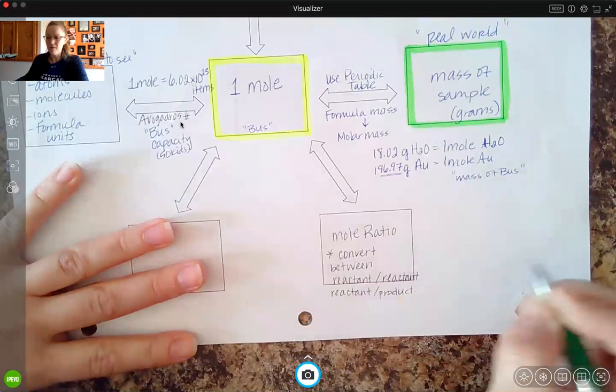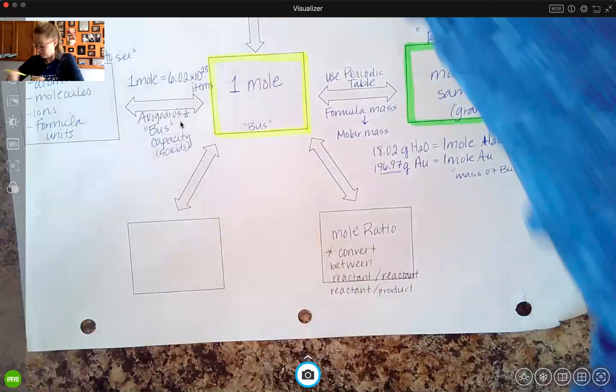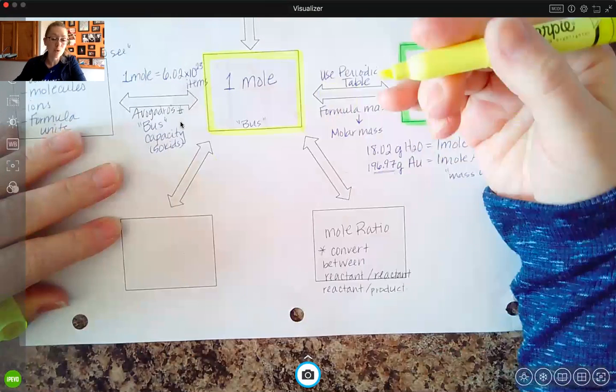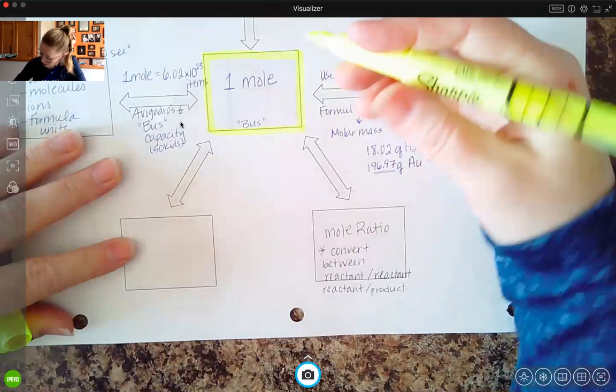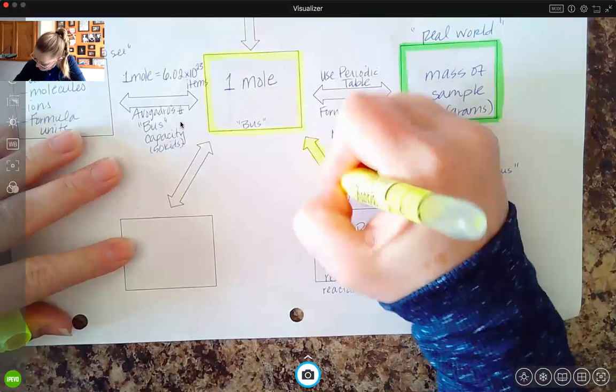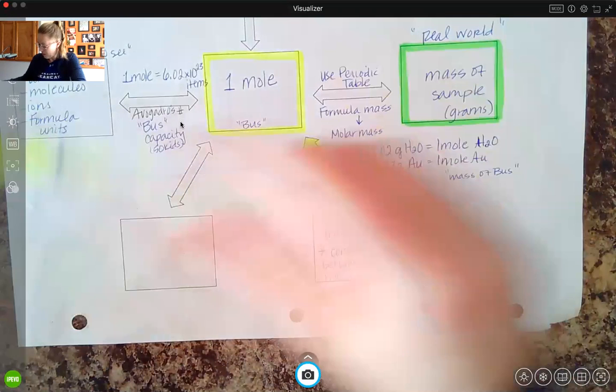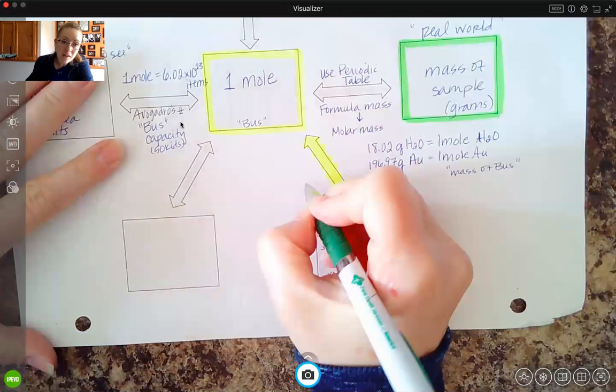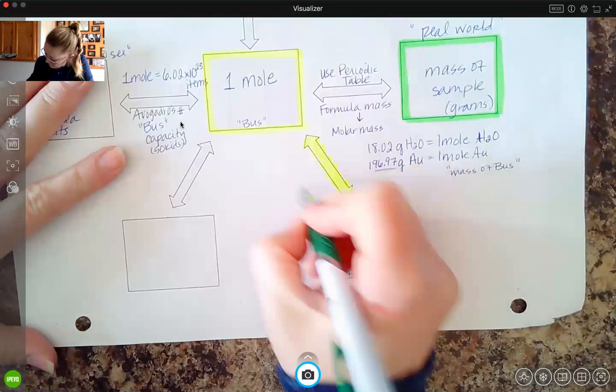Okay, well, how do we find the mole ratio? Well, the mole ratio comes from our balanced chemical equation. So how am I going to find this thing? Where will I find it? I will find it on the balanced chemical equation.